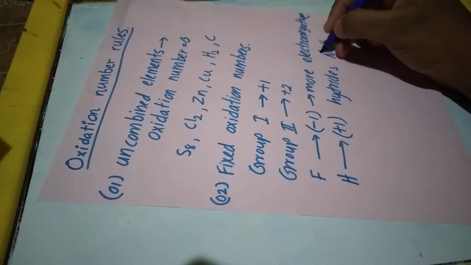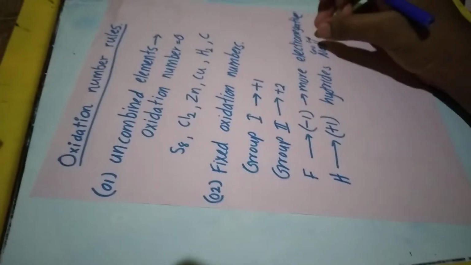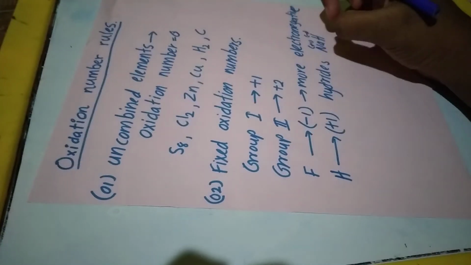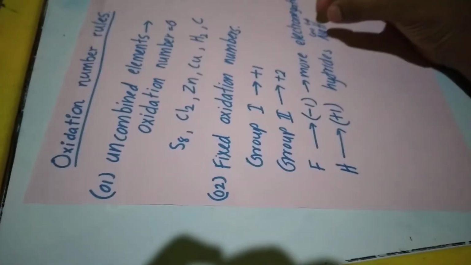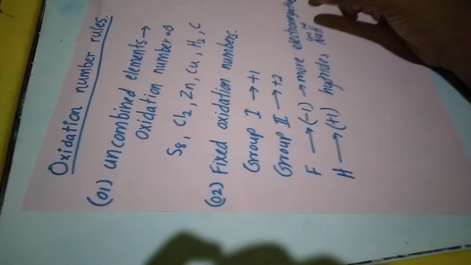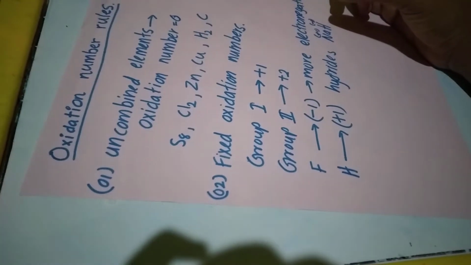Therefore if this is +1, this should be -1. So in hydrides, the oxidation state of hydrogen is -1. Except for that, in all other cases the oxidation state of hydrogen is +1.